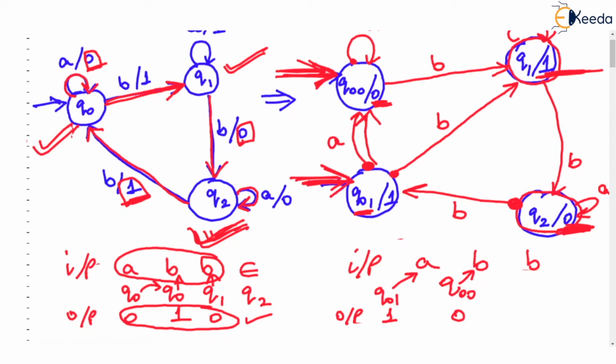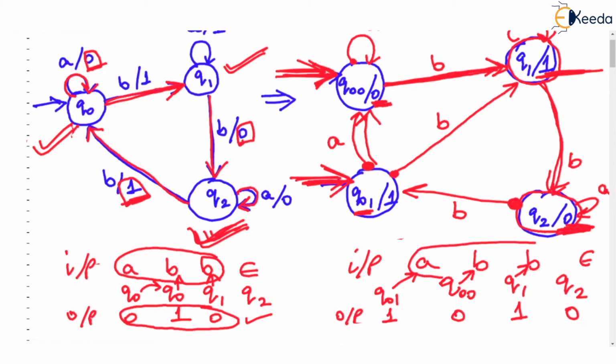Now Q00 reads B. If Q00 reads B, correct, the machine goes to the Q1 state. But the output in the Q1 state is 1. Q1 now reads B. If Q1 reads B, the machine is in the Q2 state, but the output is 0. That's it. After that, we have epsilon, the end of the input.